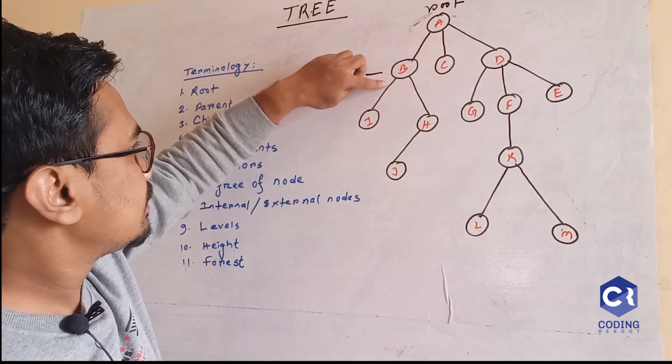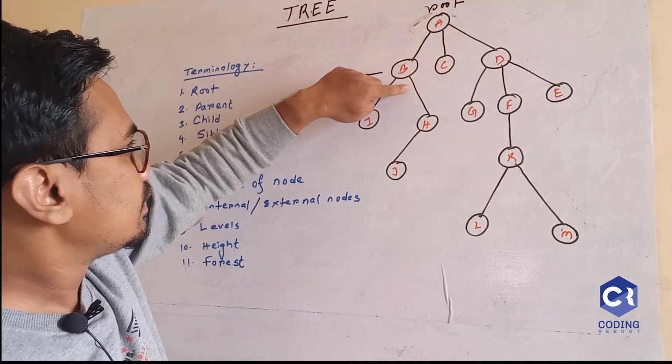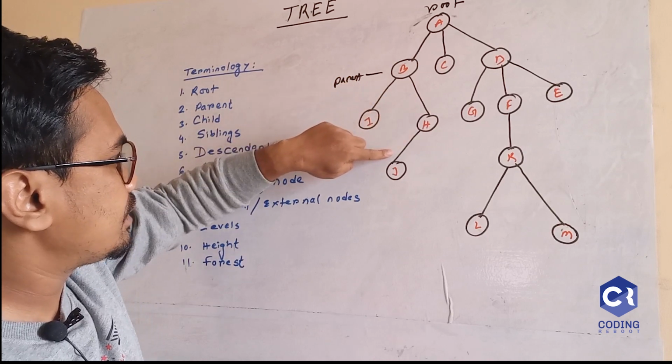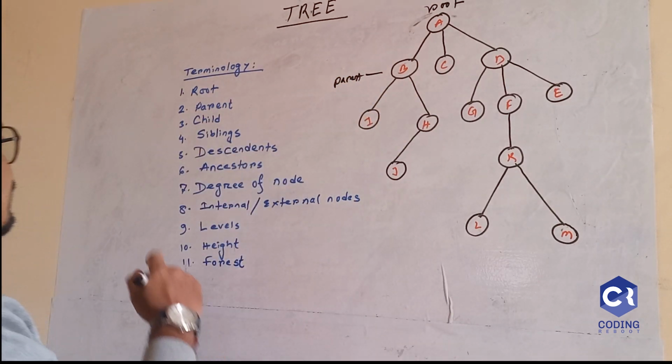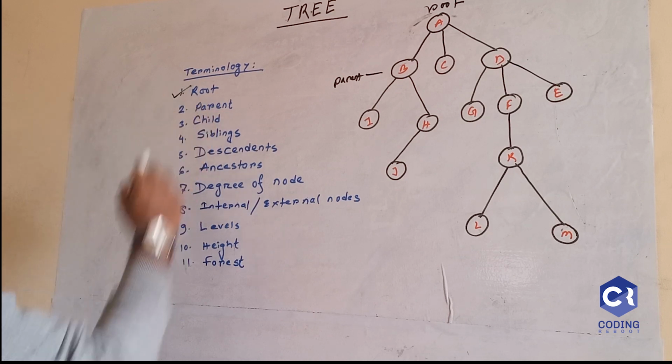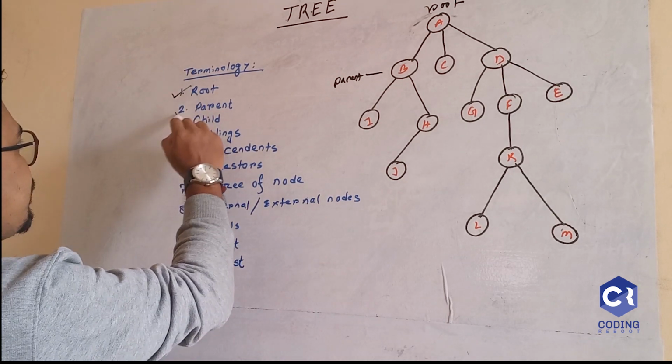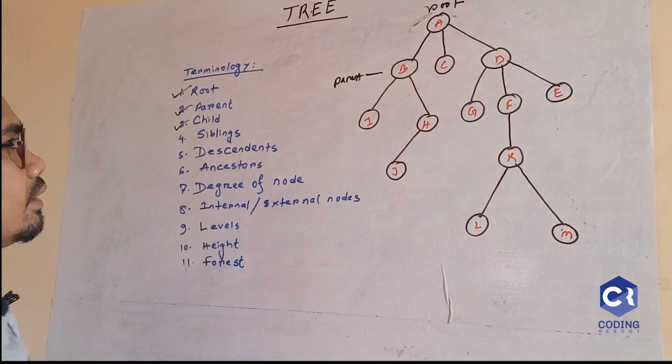This is one edge, this is another edge, this is another edge. So, root we have learned, parent we learned, child we learned.